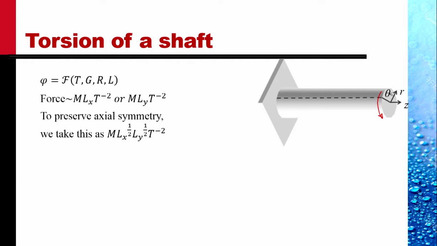So, instead of Lx or Ly, we write Lx raised to power half, Ly raised to power half. This preserves the axial symmetry, symmetry between Lx and Ly. Z is along the axis of the shaft.